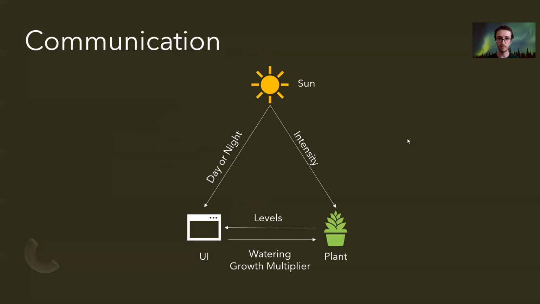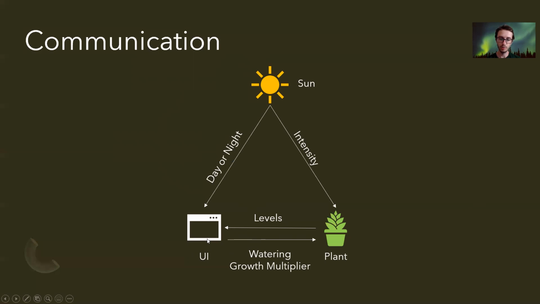So that's what's here. We have the sun communicating the intensity to the plant and communicating day or night. We print it out in the debug log, and you also see the change in the scene's light source. So it actually gets darker.